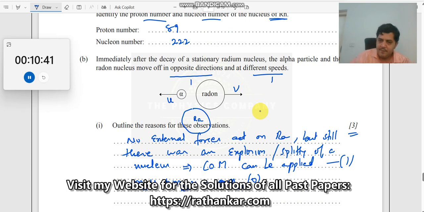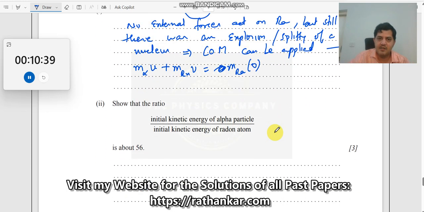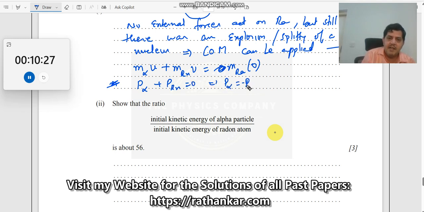Okay, stationary. So as a result of it, what I will do is I will write this as p alpha and this as p radon, p alpha plus p radon is equal to 0, or p alpha is equal to minus p radon, right? Momentum of alpha is equal to minus of momentum of radon, which means the directions are opposite.